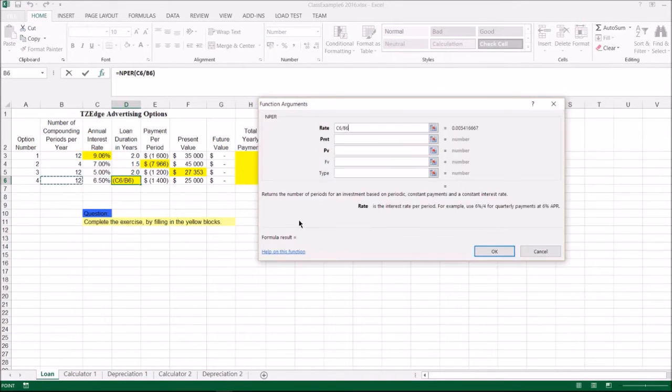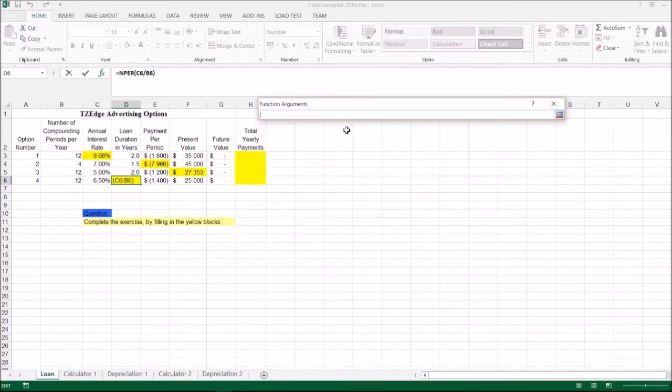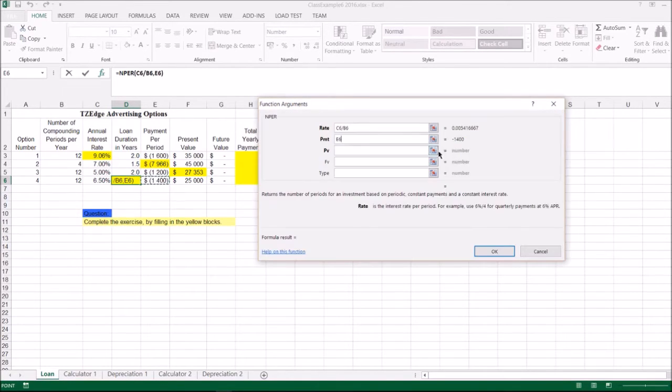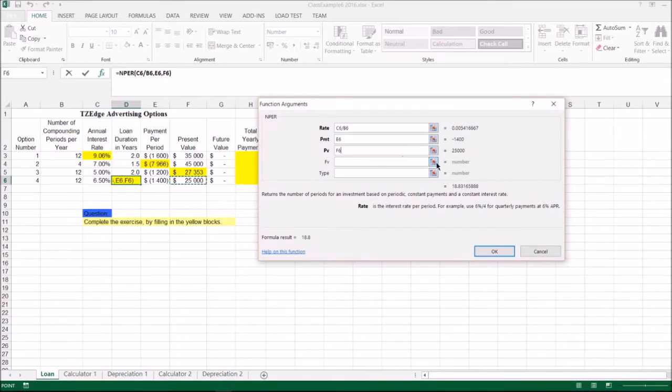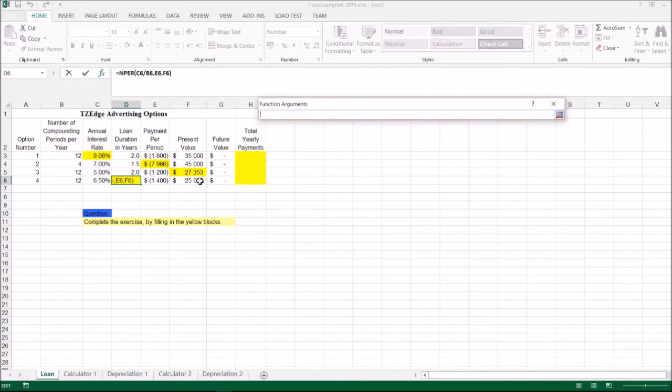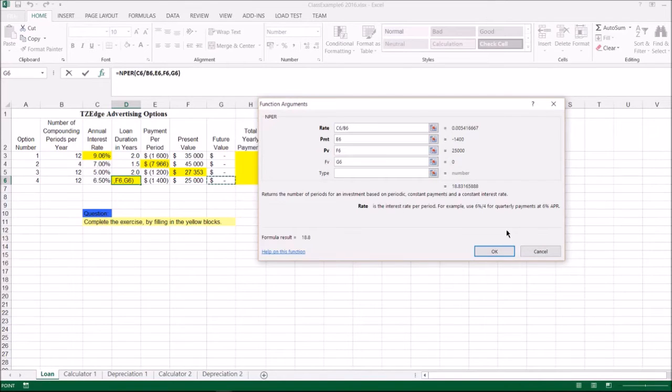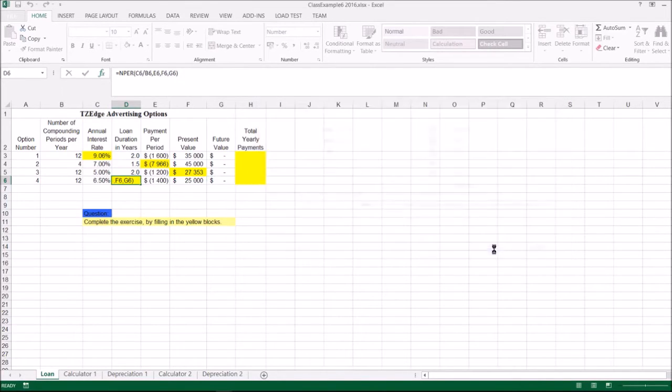Select your payment per period, select your present value, and then lastly select your future value. You should get 18.8. Now we need to divide this by the number of compounding periods per year, which will give you the final answer of 1.6.